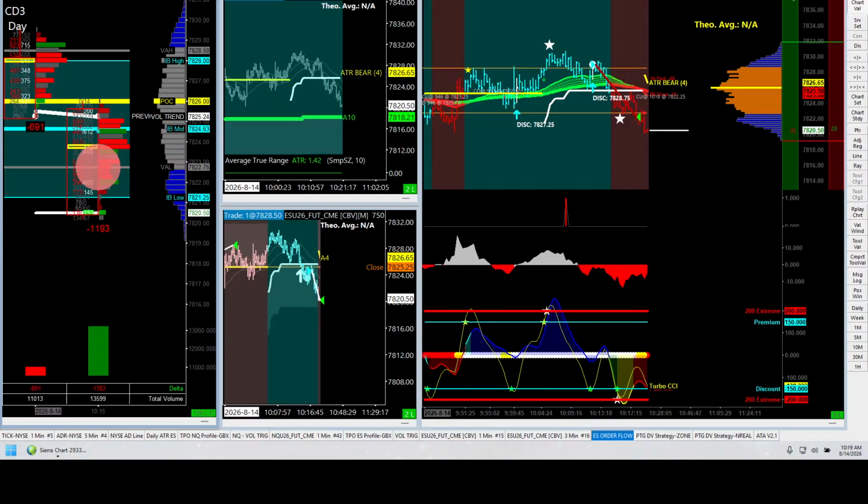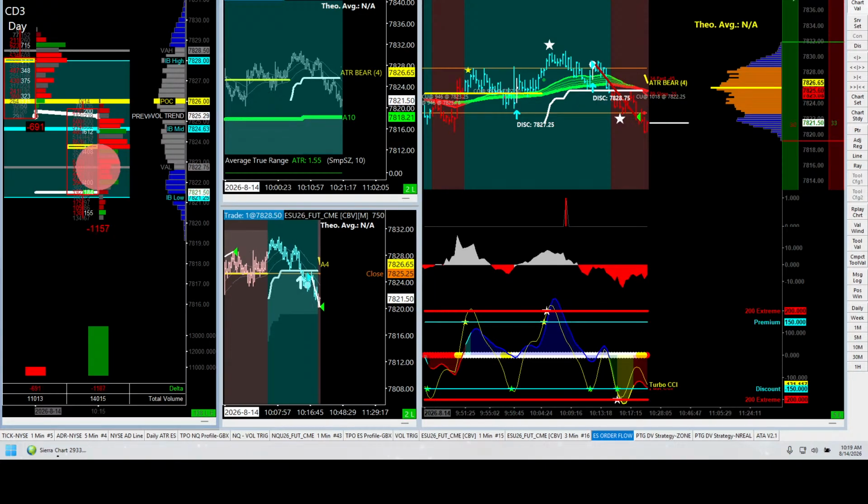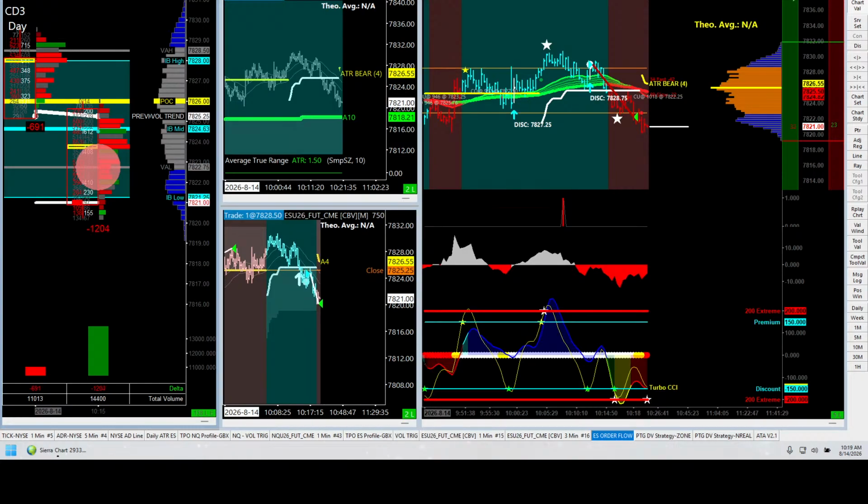Yes, HDR bear shift. Cycle lower. Oh, okay. Gotcha.